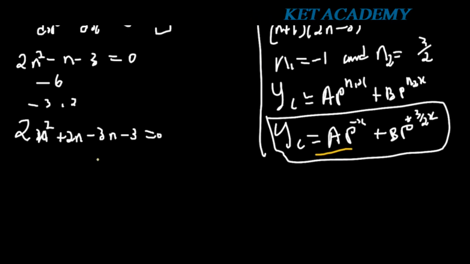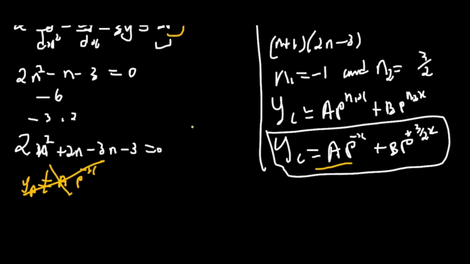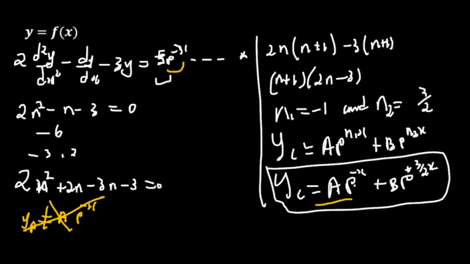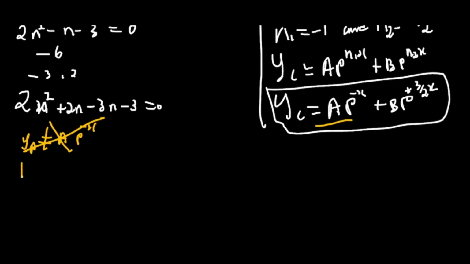Therefore, y particular in this case is not going to be a e to the minus x, because it is part of our complementary solution. Instead, our y particular is going to be ax e to the minus x here.